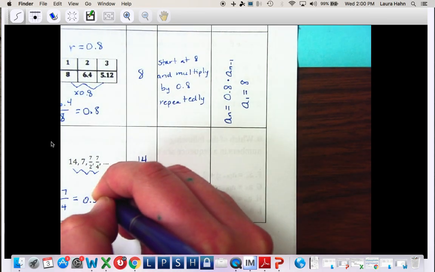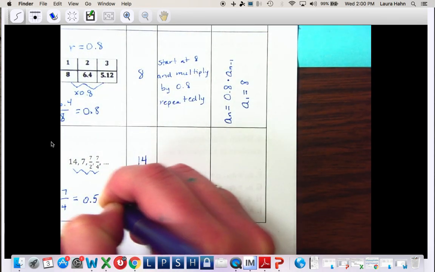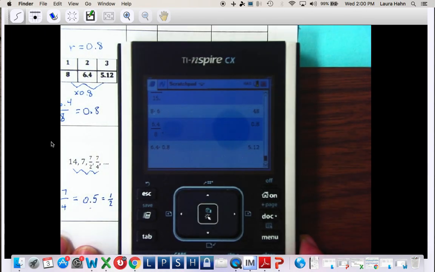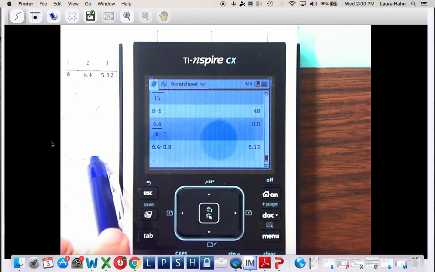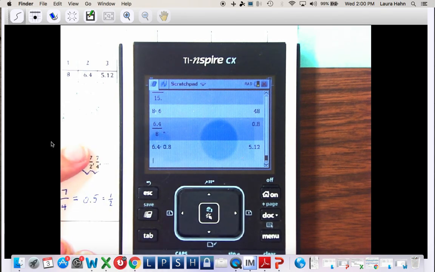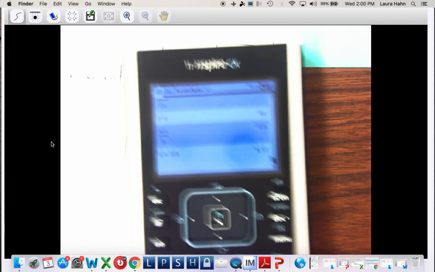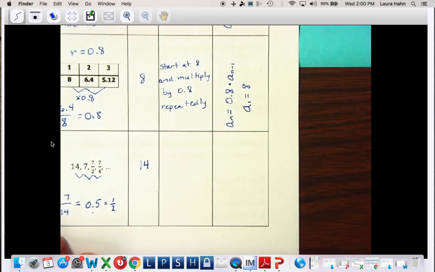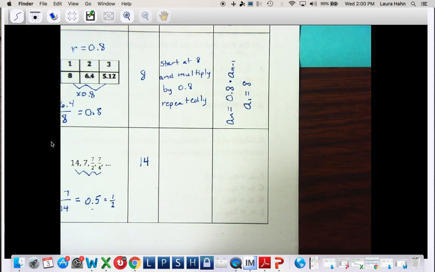0.5 or 1/2. So those are the same thing. I don't care which one you use. But since these are fractions, I'm going to go ahead and use the 1/2. So in the calculator, I'm going to take 7 and multiply it by 1/2.